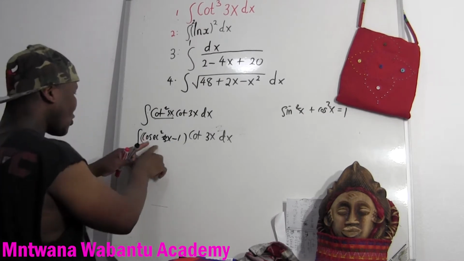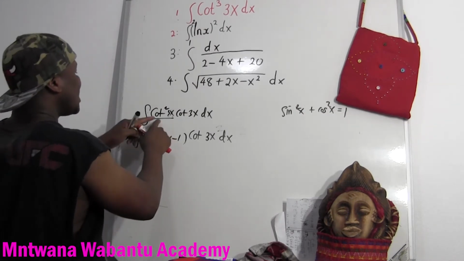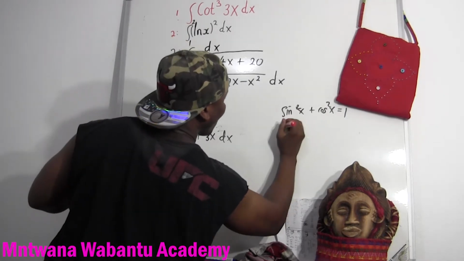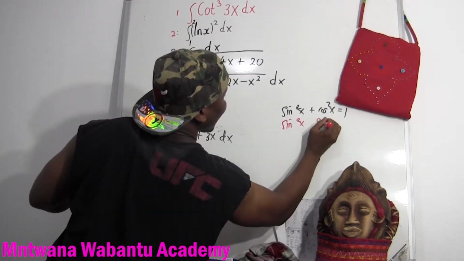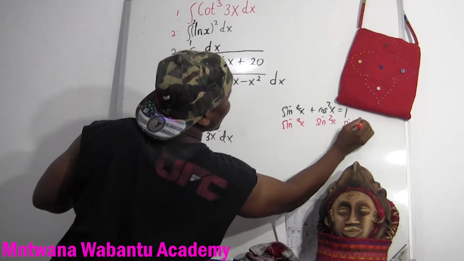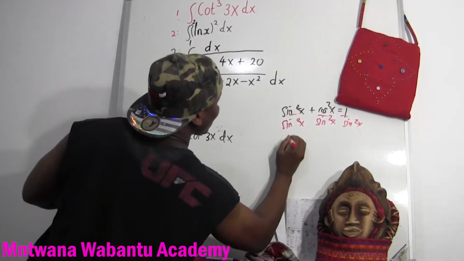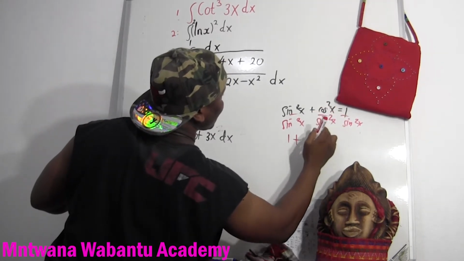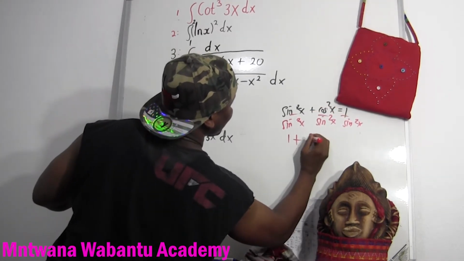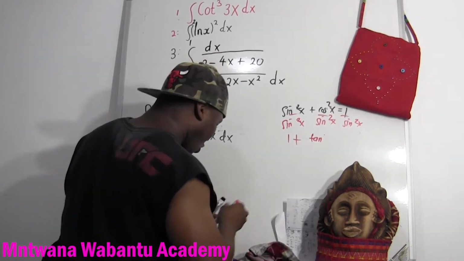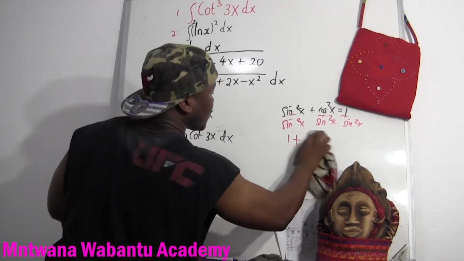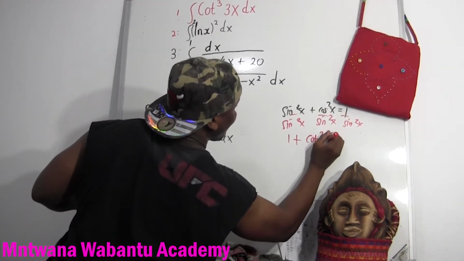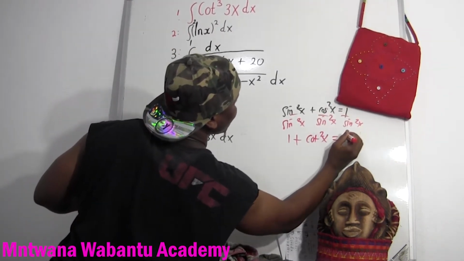To change cot to cosec, I divide by sine squared throughout. So sine squared over sine squared equals 1, plus cos squared over sine squared, which is cot squared x, equals 1 over sine squared, which is cosec squared.